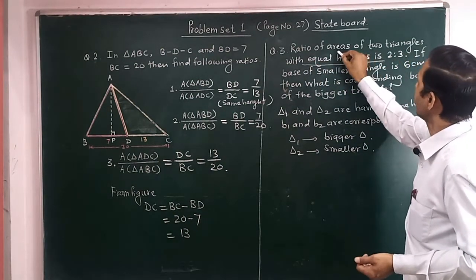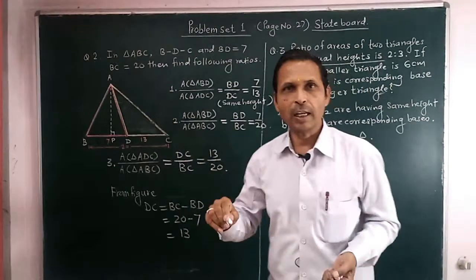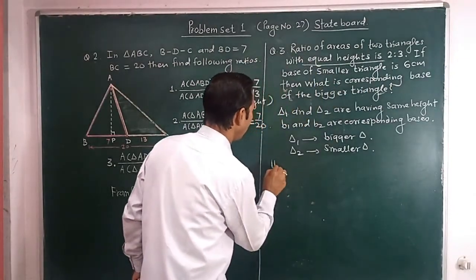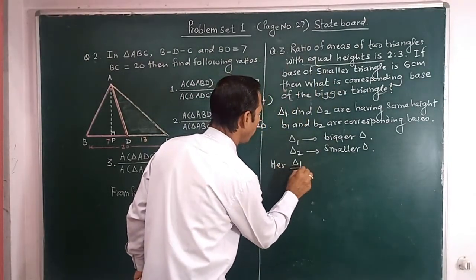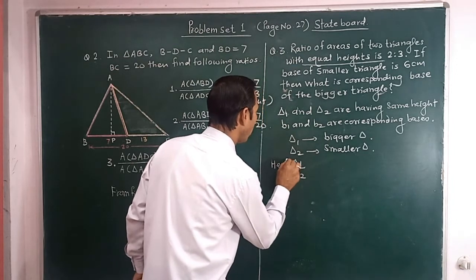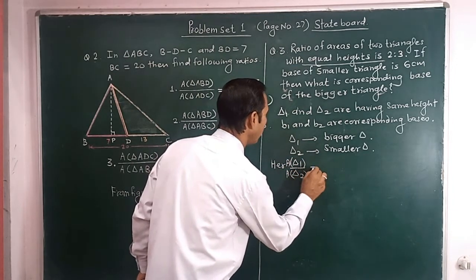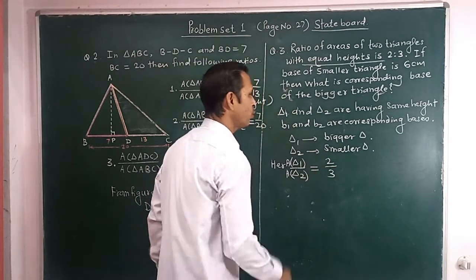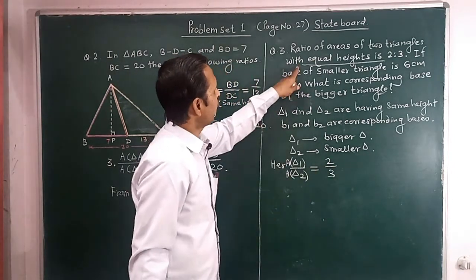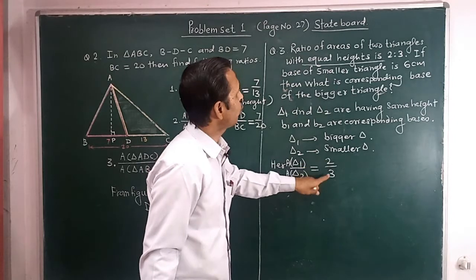Now the ratio of their areas, we are given here: area of triangle 1 divided by area of triangle 2 is given as 2:3. The area of these two triangles is given 2:3.